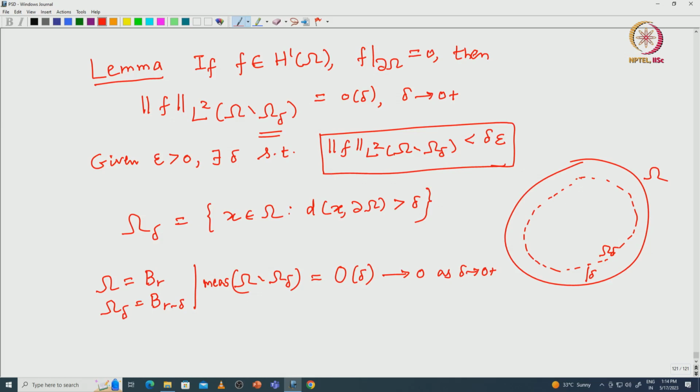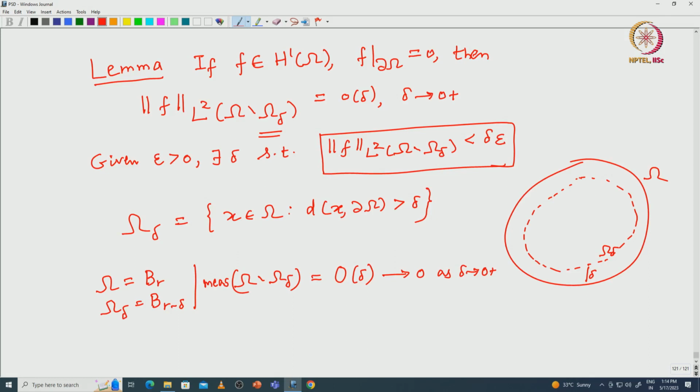And then, by the absolute continuity of the integral, this integral can be made small, but here we need something more. The absolute continuity of the integral only gives less than epsilon, but not delta epsilon.